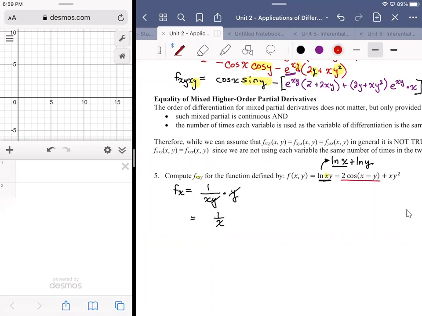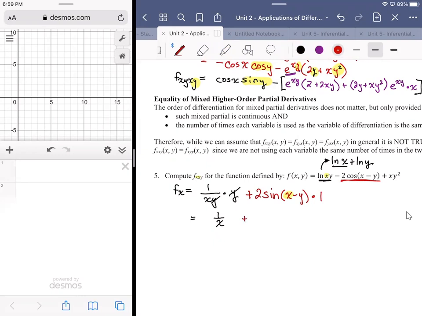The second piece, I'm taking the derivative. I have a constant multiplier. The cosine is going to become a negative sine. So this is going to become a positive 2 sine x minus y multiplied by the derivative of the inside of the sine function with respect to x. The only part that's relevant there is that x, which has a derivative of 1.